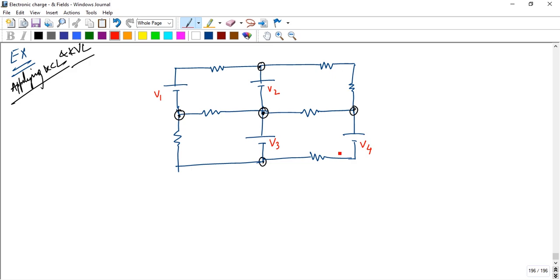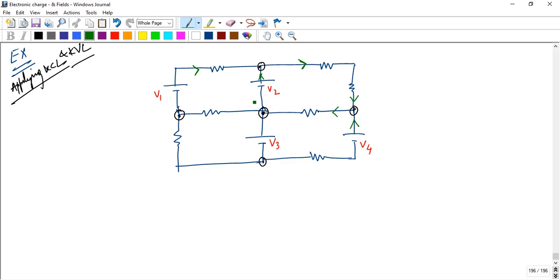Okay. Now very important, the current direction is very important. Suppose starting from here, in that direction current. Now suppose here in that direction, and this direction here, and at that direction here.